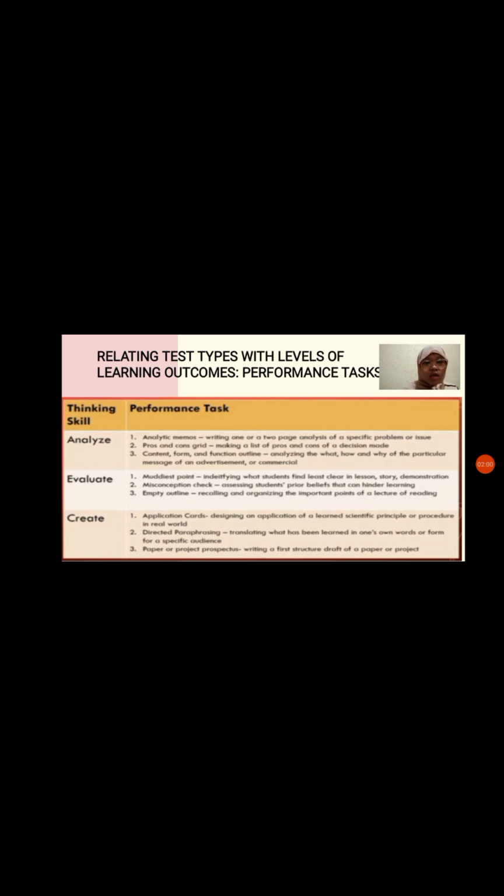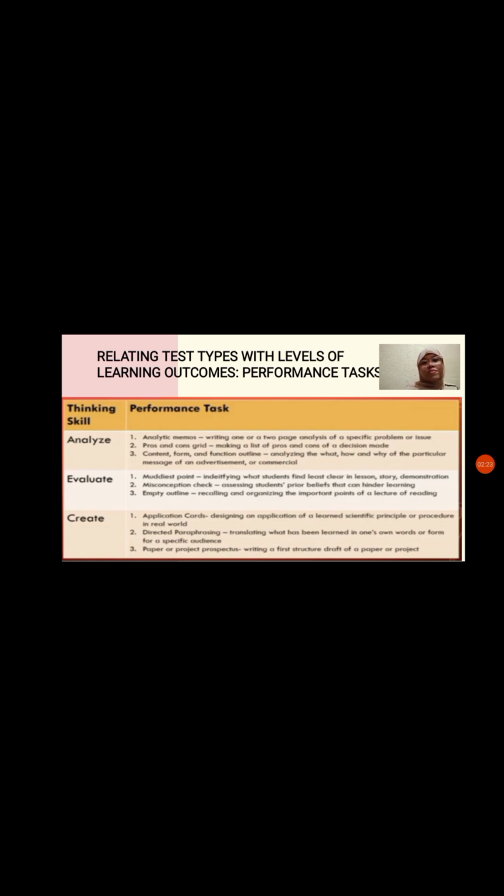Second, you may ask them to write a misconception check, like assessing students' prior beliefs that can hinder learning. Third, empty outline. Recalling and organizing the important points of a lecture or reading.